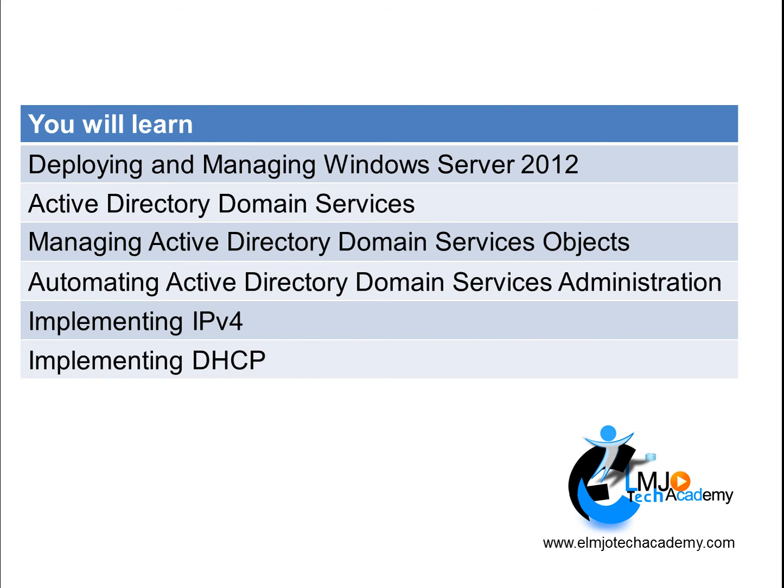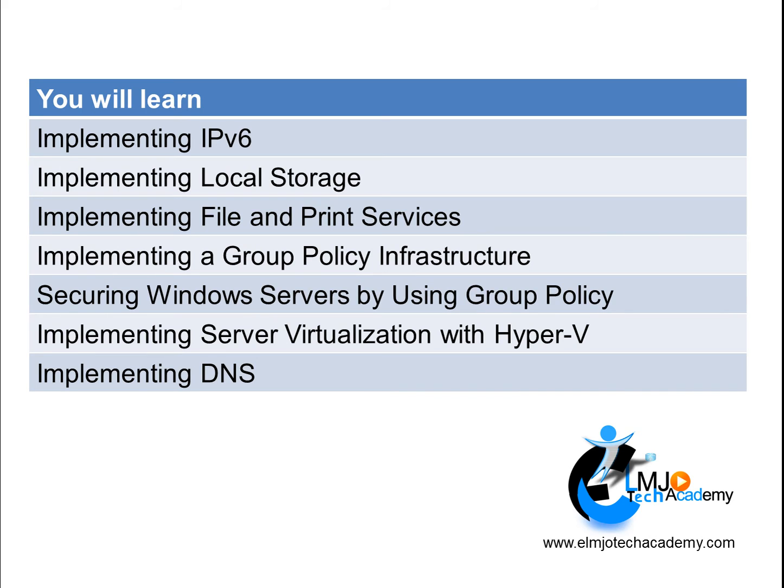We will see it in practical. After that, we are going to see implementing IP version 6. As you saw IP version 4, it was the first release, and it's a decimal number, 0 to 255. But IP version 4 is not enough, it's going to end someday. The USA is already out of IP version 4 addresses, as I know.